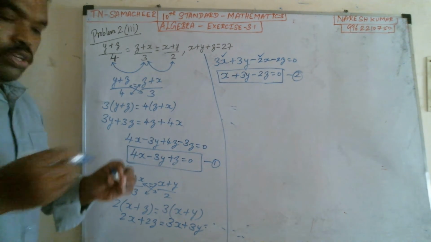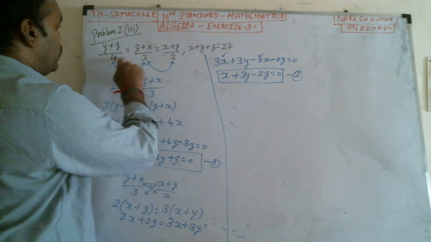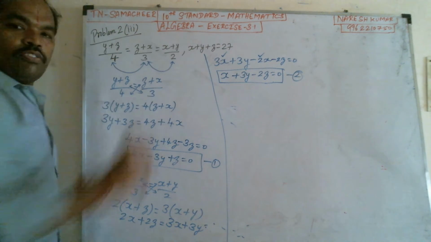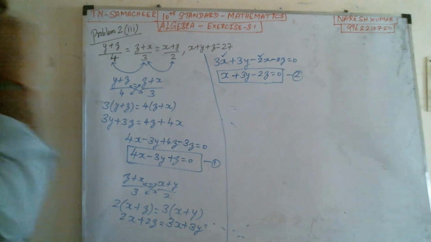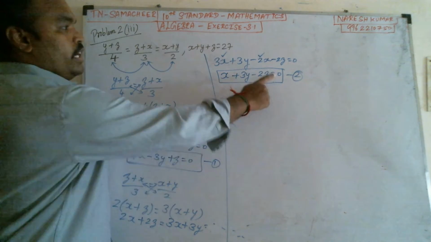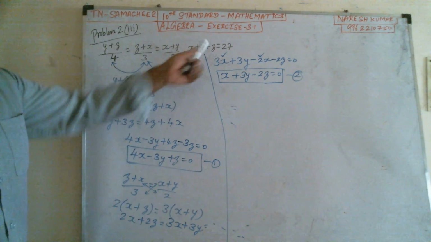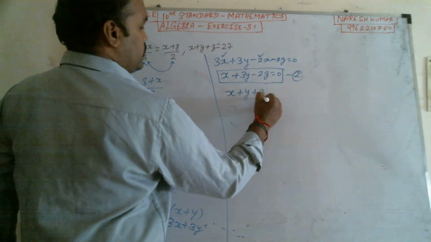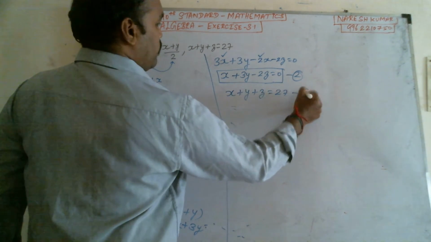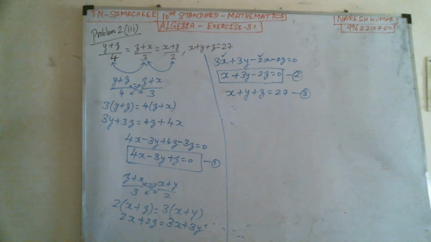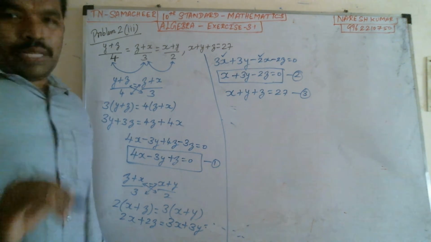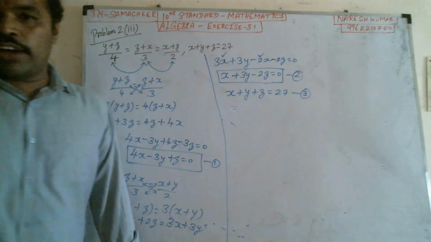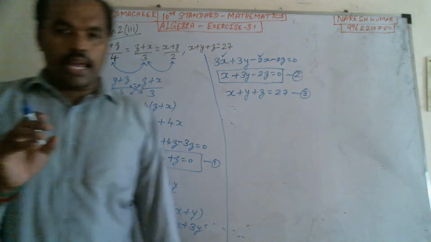So we have found two equations. With this and this we found one equation, and with this and this we found the second equation. The third equation is this one: x plus y plus z equal to 27. Our target is to find the x, y and z values.